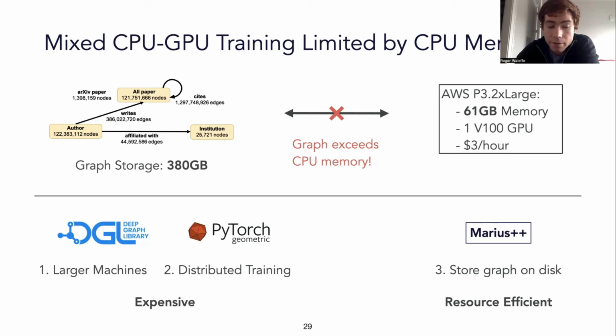On the other hand, in Marius++, our goal is to scale beyond CPU memory by incorporating disk storage into the training process. And disk storage is cheap, it can easily support graphs of many terabytes, and it's already part of the memory hierarchy on all machines anyway, so we might as well try to take advantage of it.